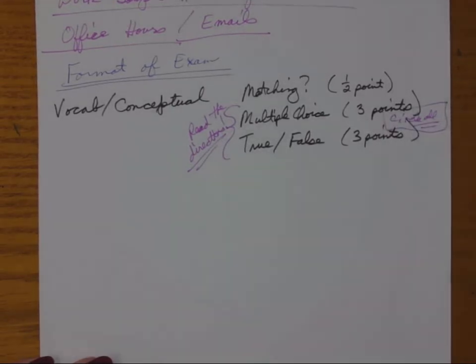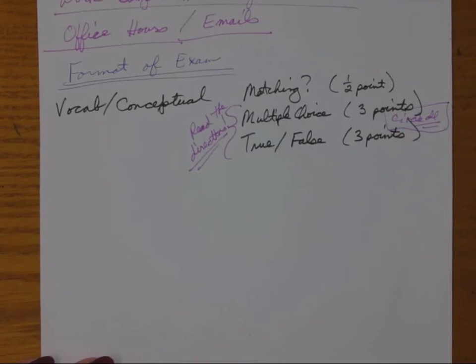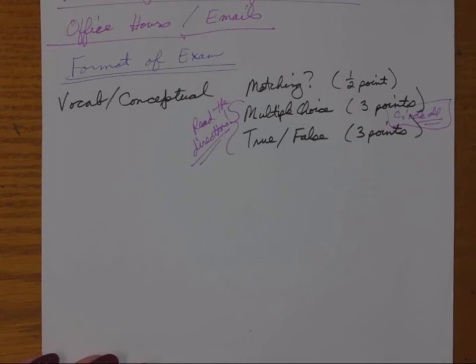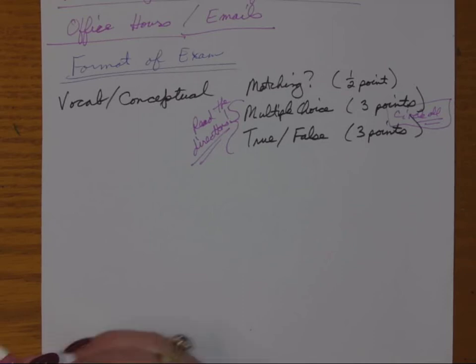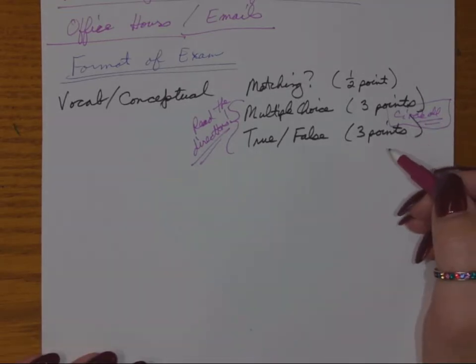Don't just grab one and move on. Be sure that you read all of the choices and then circle all that apply, because sometimes it's more than B, or sometimes it could be D, all of the above, or sometimes it could be E, none of the above. So just make sure you're reading.